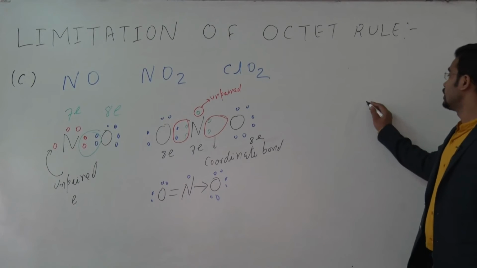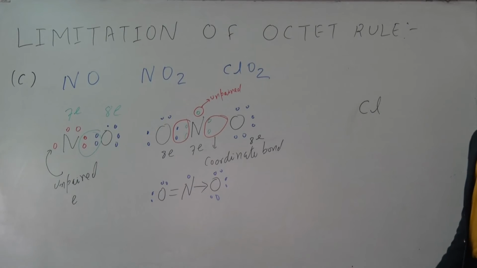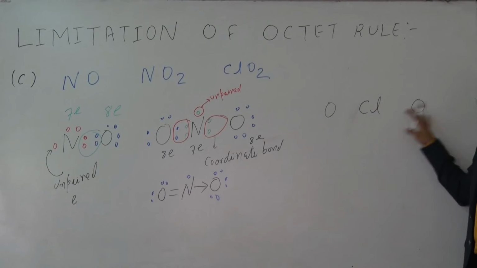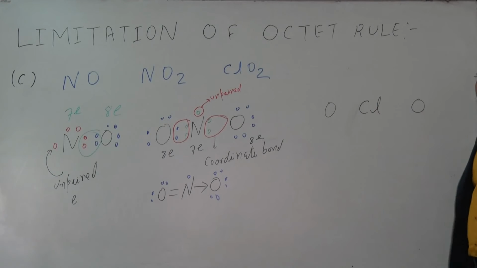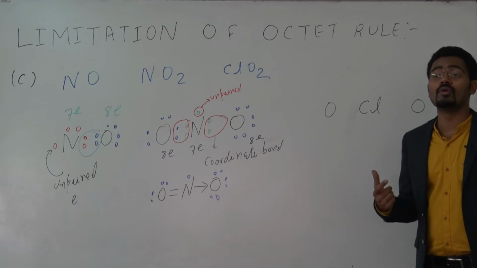Now we write the Cl and put the remaining atoms symmetrically, so oxygen and oxygen. Now tell me the valence electrons of oxygen? 6. And oxygen can form maximum 2 bonds.